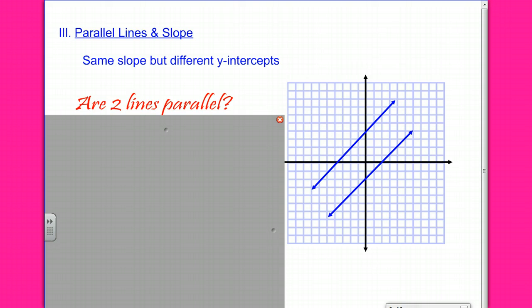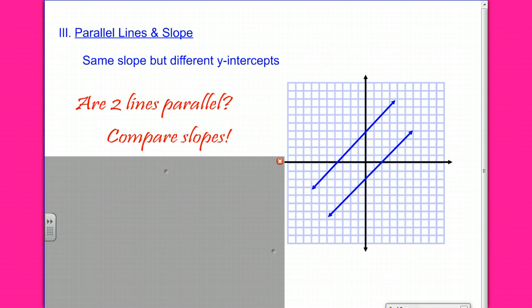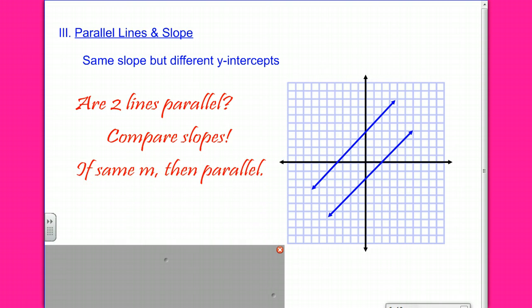We just said it. Parallel lines have the same slope. You're going to look in the equation. Do these two equations both have the same slope, the m? If they do, you know that you've got parallel lines. Okay? So you do not have to graph to confirm you have parallel lines. You simply have to get your equations in slope-intercept form and compare the slopes. Okay? There you go.